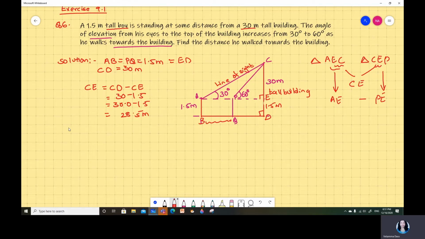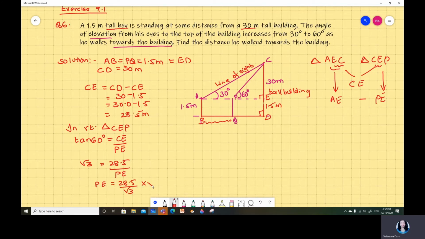So let's start solving. Let's take first the smaller right angle triangle, CEP. We take tan 60 degrees equals opposite CE upon PE. Tan 60 degrees, you all know, is root 3. CE is 28.5 upon PE. So we get PE equals 28.5 upon root 3.